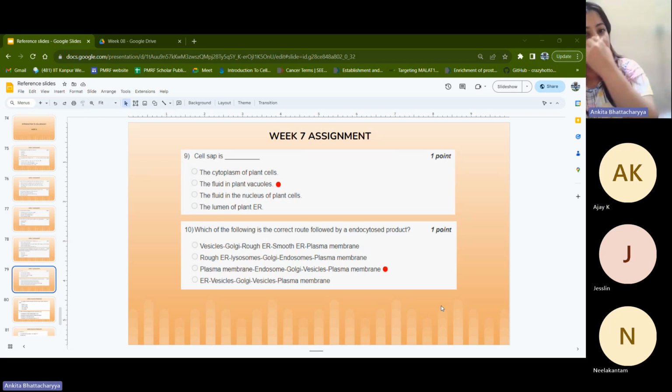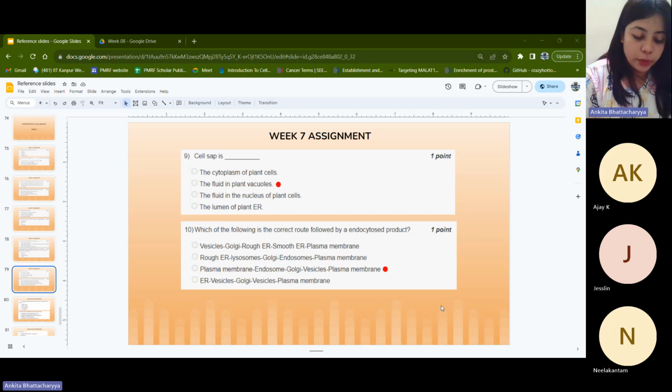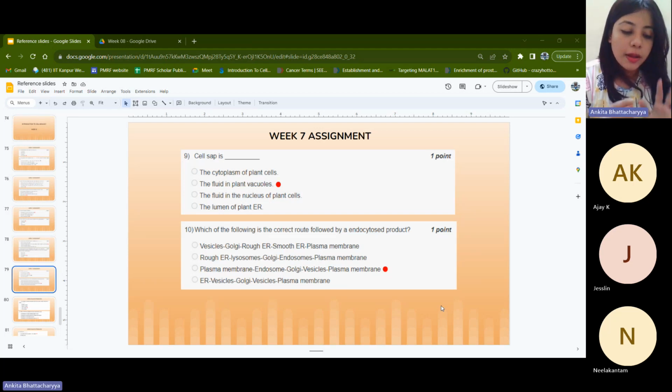No, okay. So I think the way you're looking at it is not exactly the right way. What you need to understand is, for any cell, these 3-4 organelles are always present: ER, Golgi, and plasma membrane. You can think of the plasma membrane not as an organelle, but as the boundary of the cell. But these are cellular components.